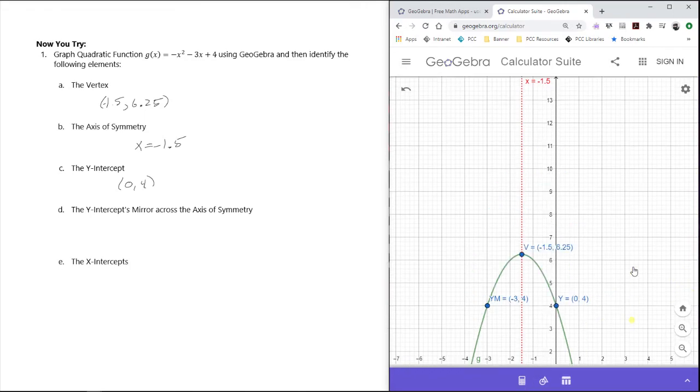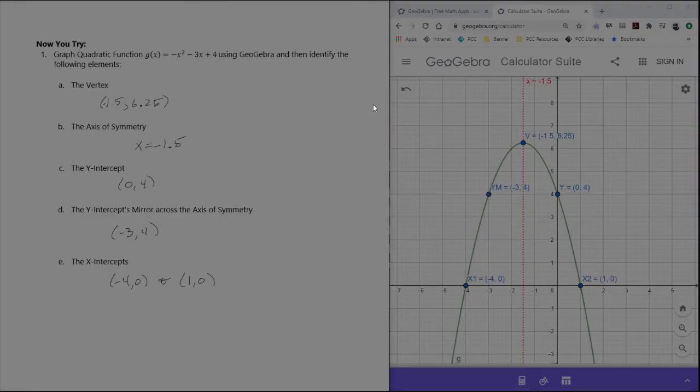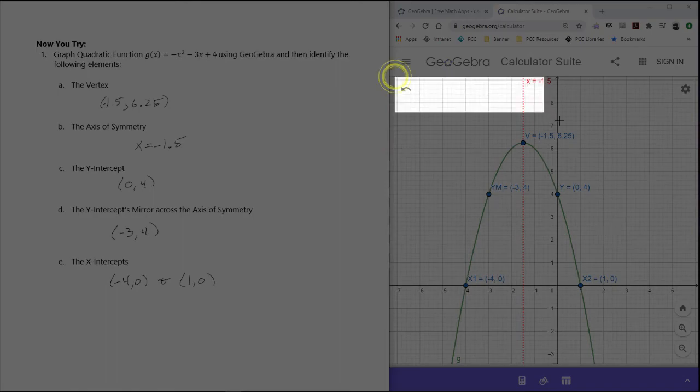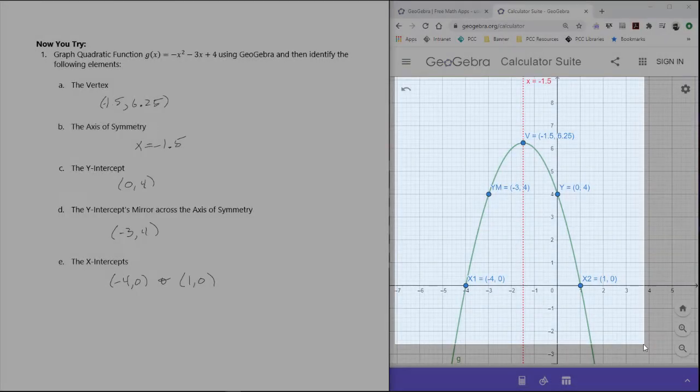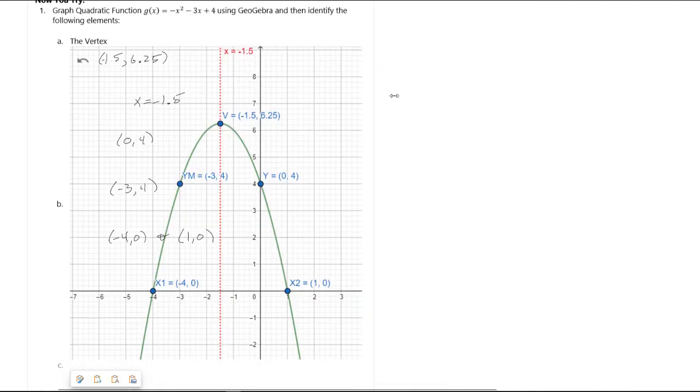And then we'll go ahead and write this all into our worksheet here. Got the y-intercept's mirror point is negative 3, 4, and the x-intercepts are negative 4, 0, and 1, 0. And we'll take a screenshot so that I can then pop this down into the worksheet.